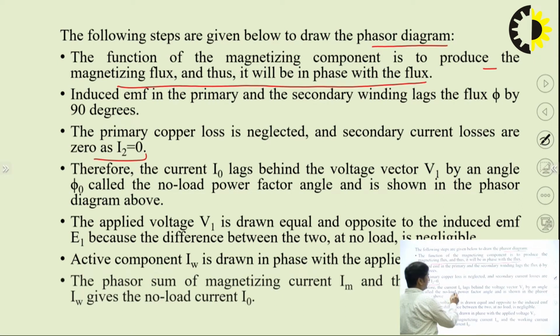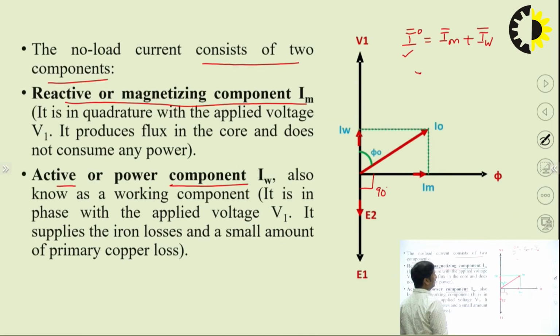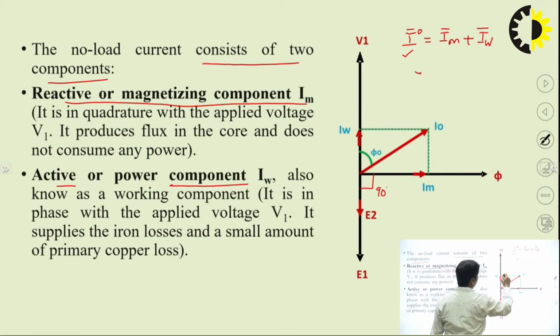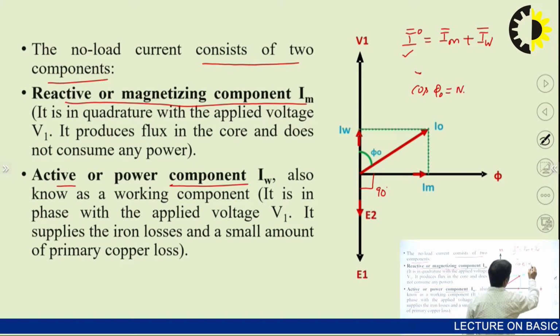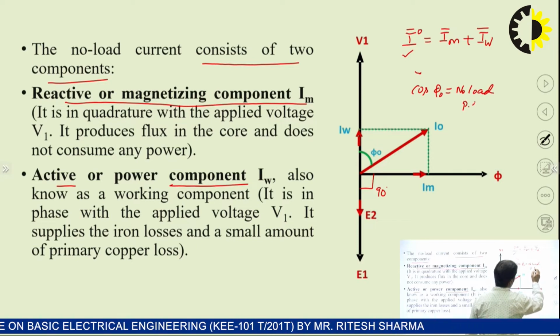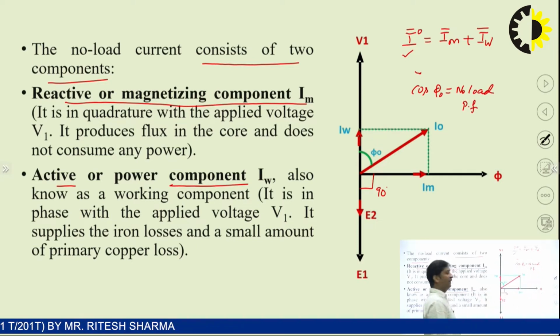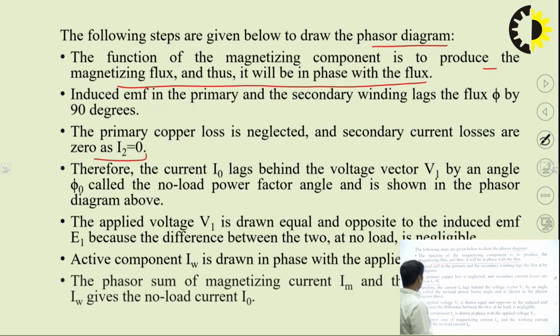Therefore the current I0 lags behind the voltage by some angle called phi naught, and cos phi naught is called the no load power factor at no load conditions.